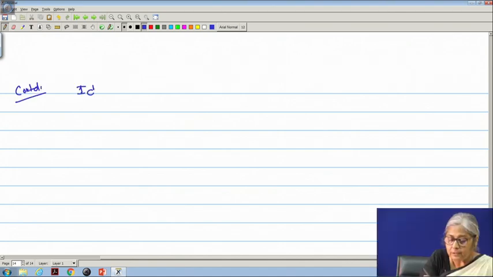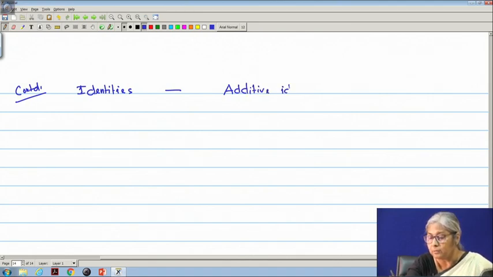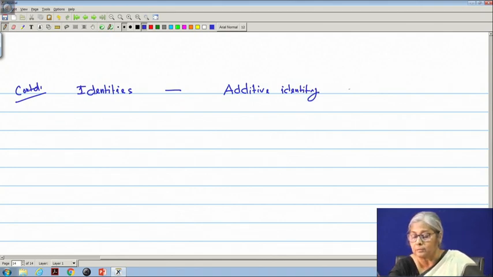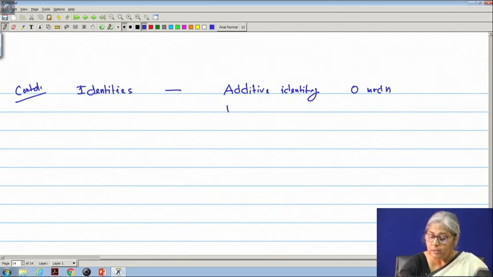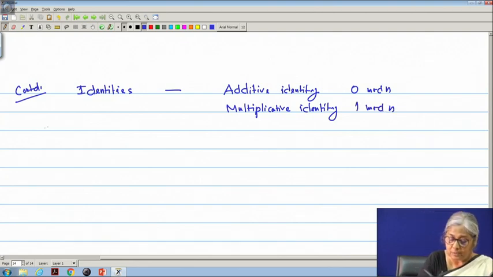So, if I take the identities, already we have seen the additive identity 0 is 0 mod n, and the multiplicative identity is 1 mod n, and that it exists because 0 and 1 will always be in the set.